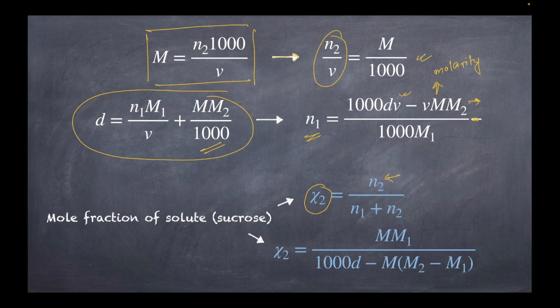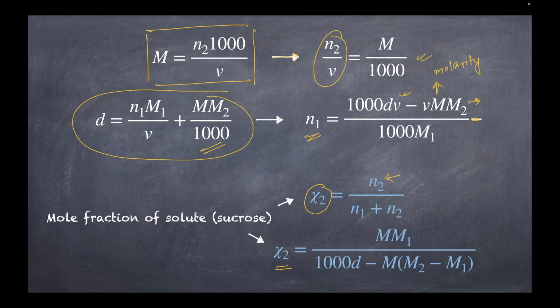Now if we put all the expressions of N1 and N2, then we can get the mole fraction of the sucrose. x2 will be m times M1 divided by 1000 times density minus m times M2 minus M1.